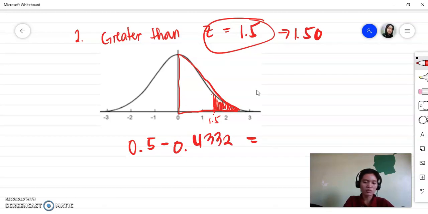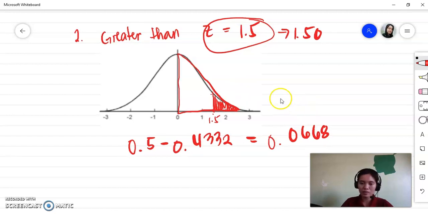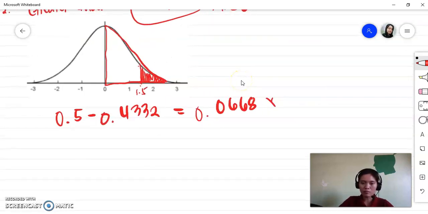What is the answer? 0.5 minus 0.4332 is 0.0668. If we multiply it by 100%, that's 6.68%.